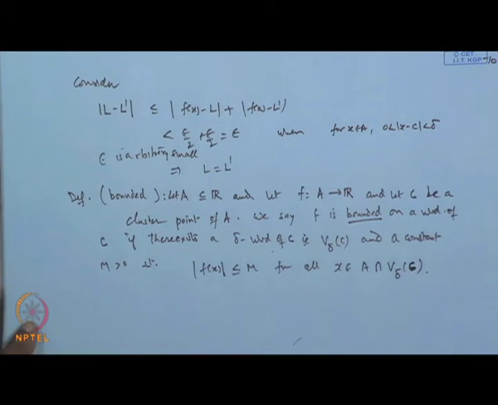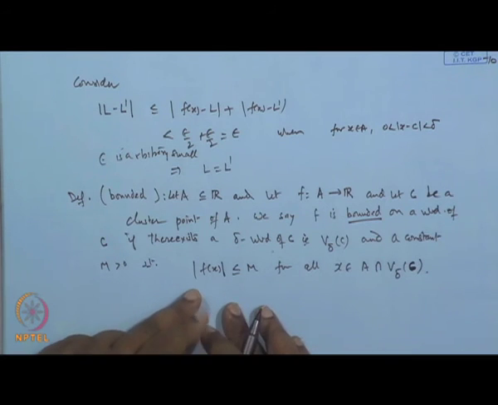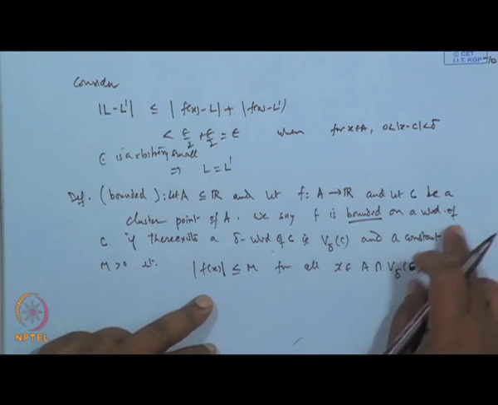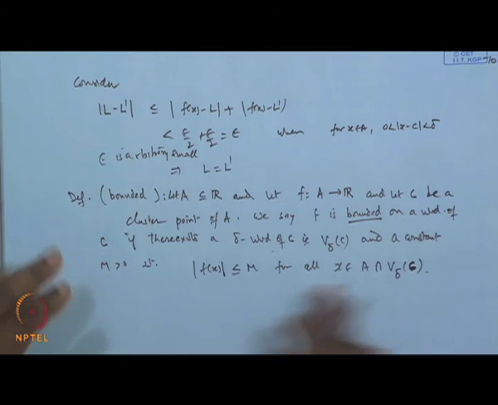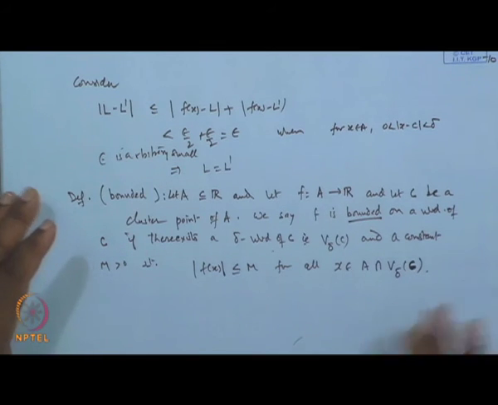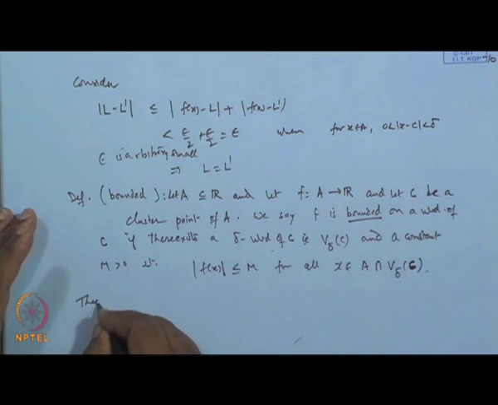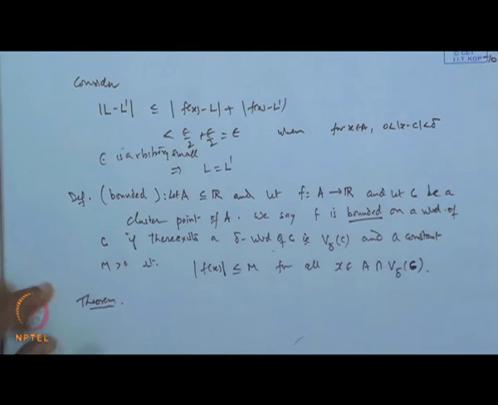If this is true, then we say the function f x is bounded in the neighborhood of c. Okay. If the function has a limit, then it will always be bounded.